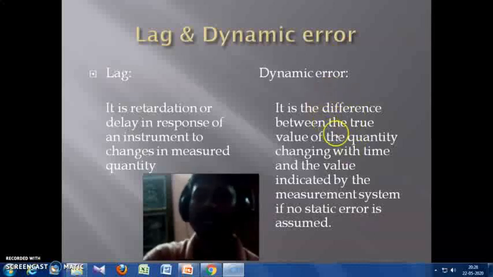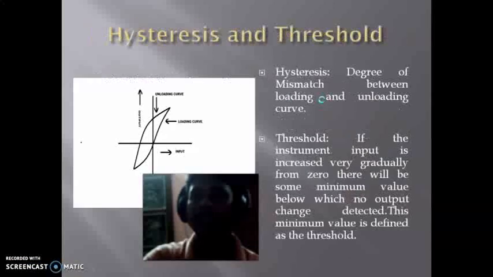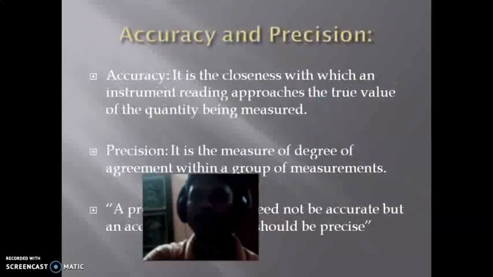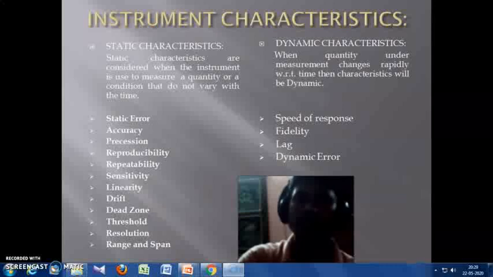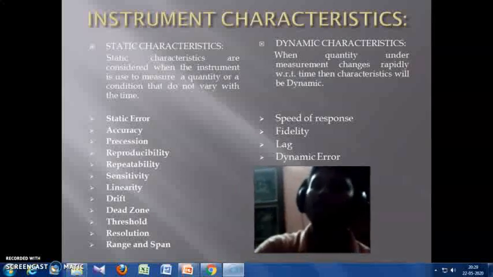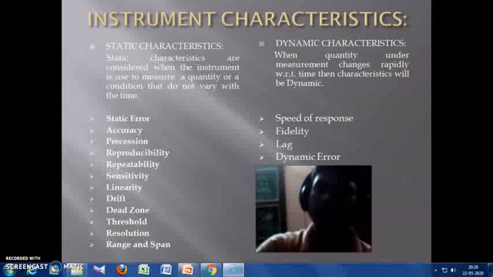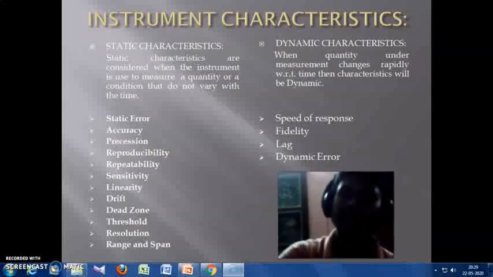So these are the dynamic characteristics of indicating instruments, and this is a very important characteristic of indicating instruments. An instrument will be very good if there is no static error, but due to some error obviously we will get some static error.